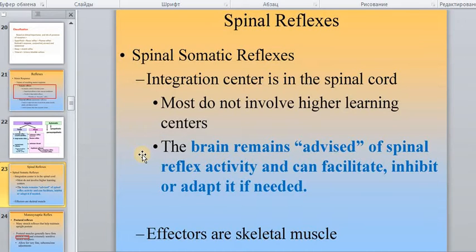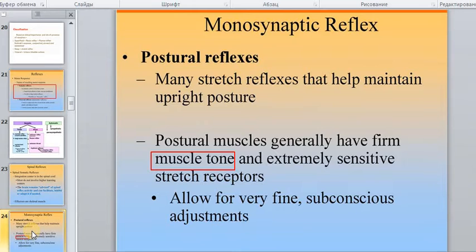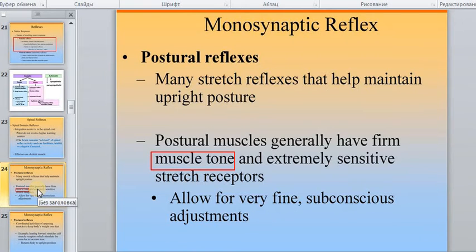The brain remains in advance of spinal reflex activity and can inhibit or adapt it if needed. And the effectors are skeletal muscle and monosynaptic reflexes, postural, it's Latin, or posture reflex, many stretch reflexes that help maintain upright posture.